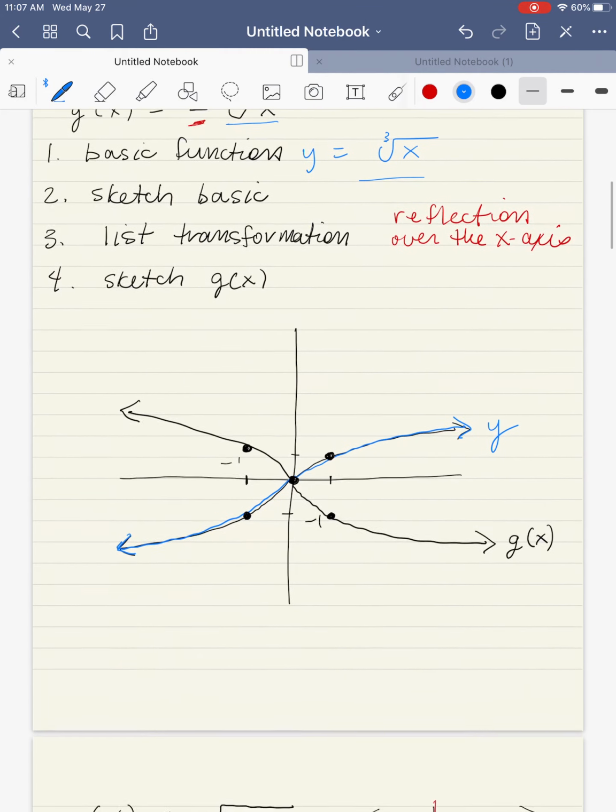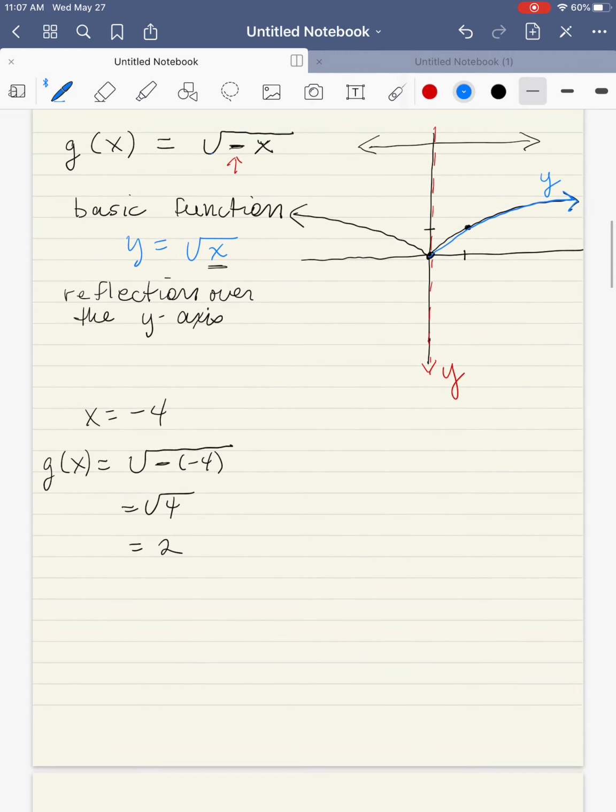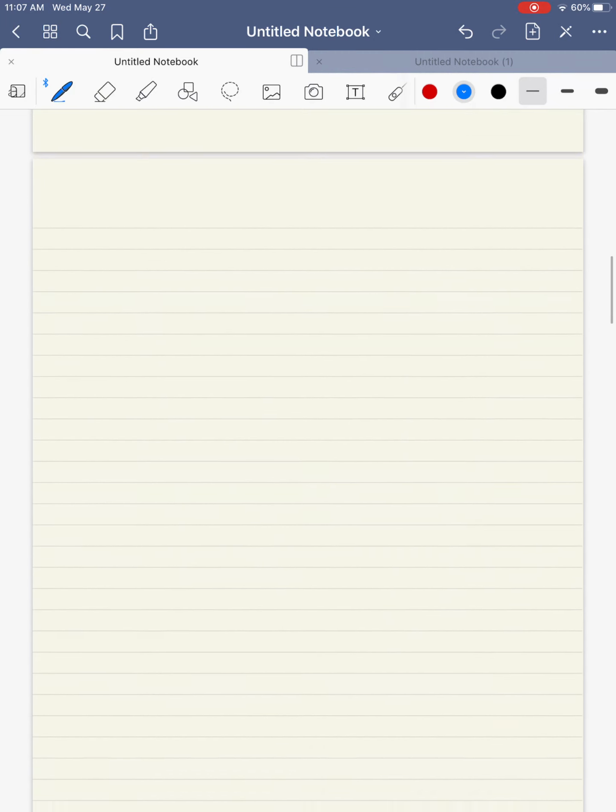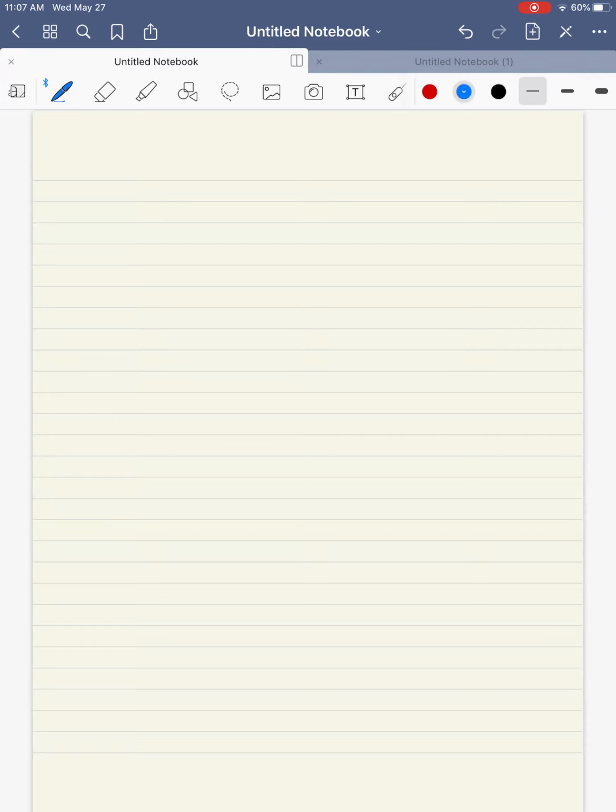I'm going to have you go ahead and practice one here. Let's say that we have the function y equals negative x cubed.